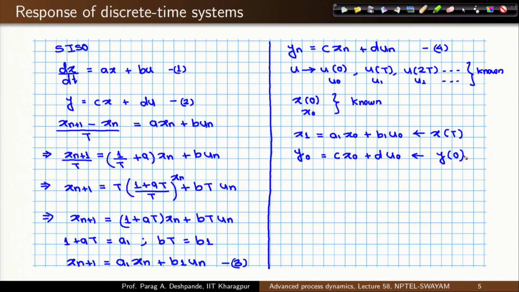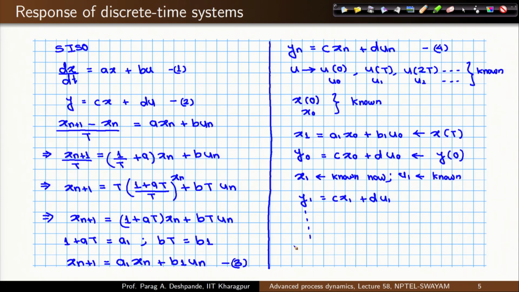Now, since x0 and u0 are known, you could determine x1, right. So, from x1, which is known now, and u1, which is always known, you can determine y1 as C x1 plus D u1, and this way you can continue this whole procedure.